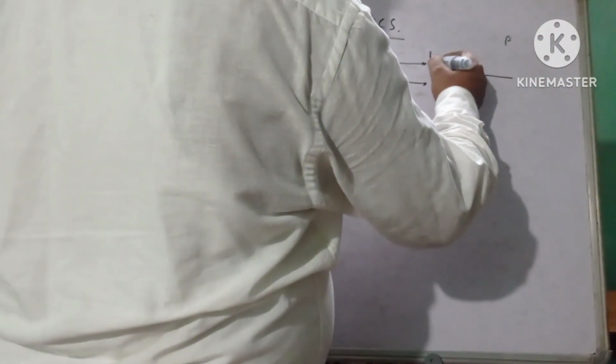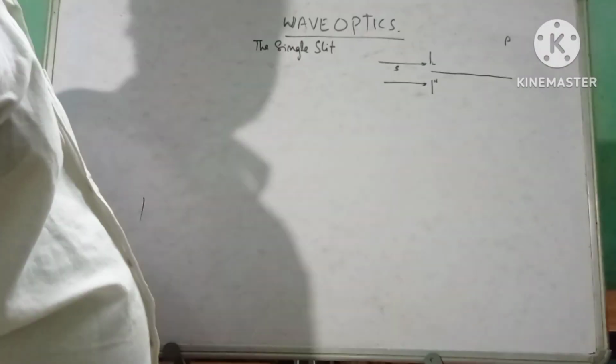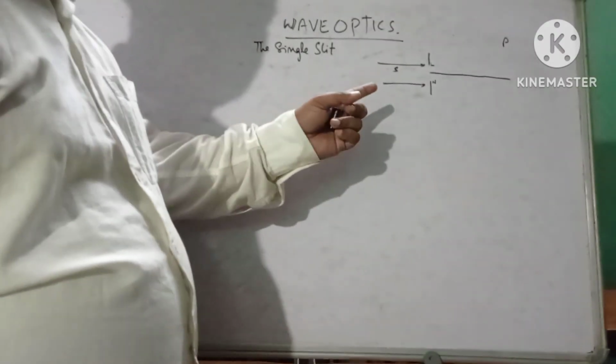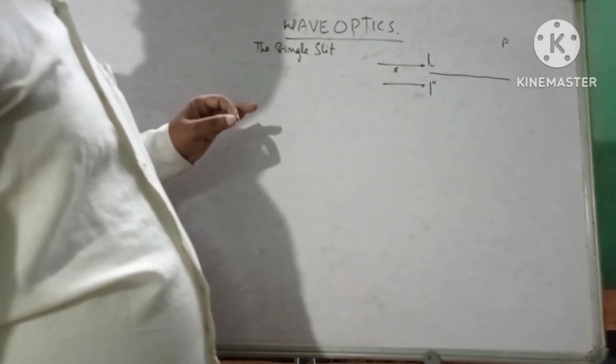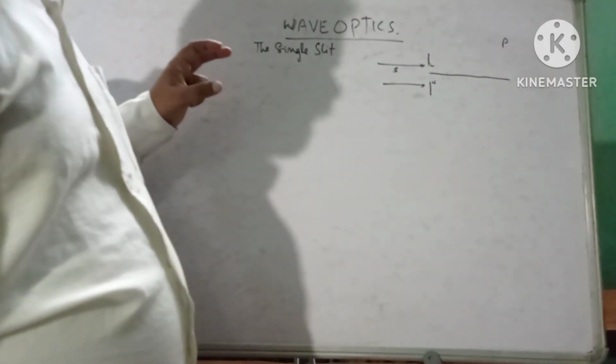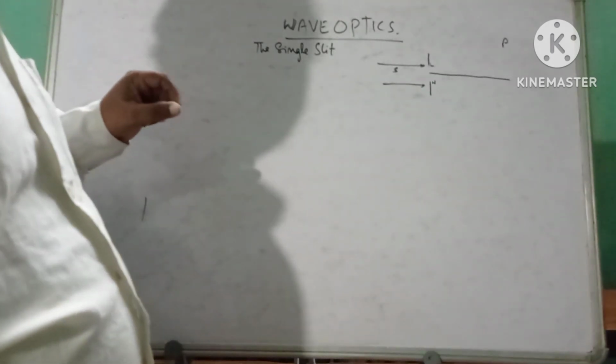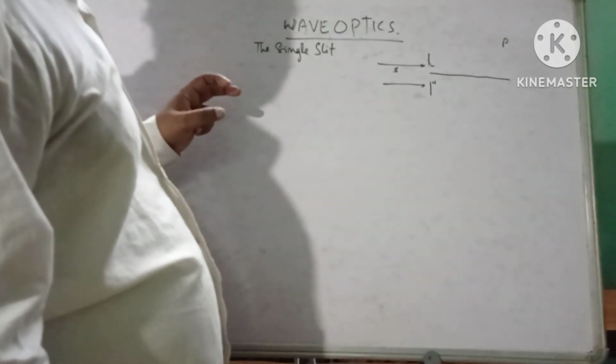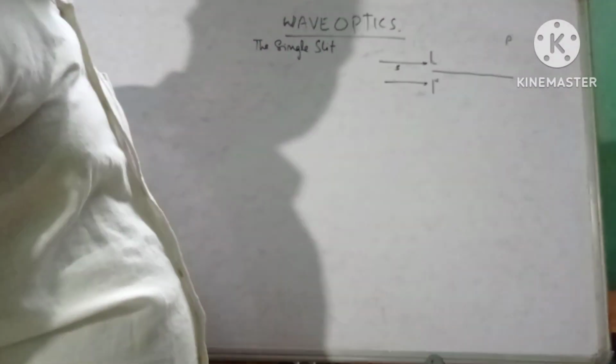Again I am telling you that this is a single slit, wave optics, and I am going to explain about diffraction of light. So this is the slit, and this is the source of light. Now this is the point P, the point of observation.